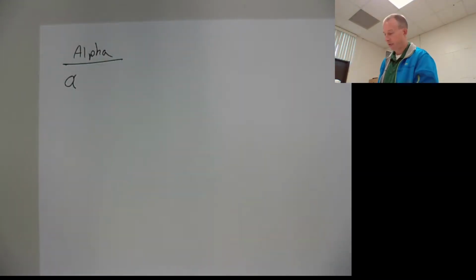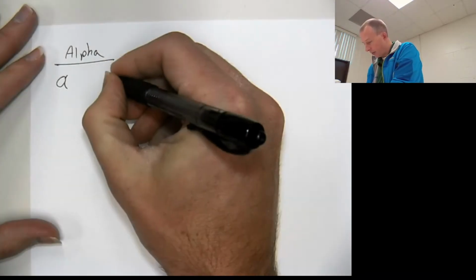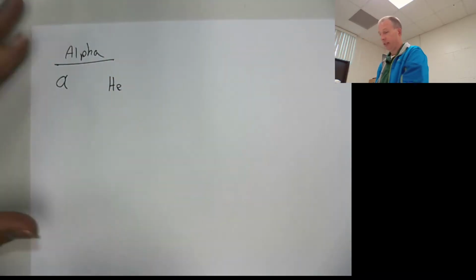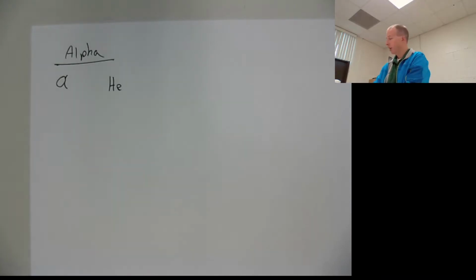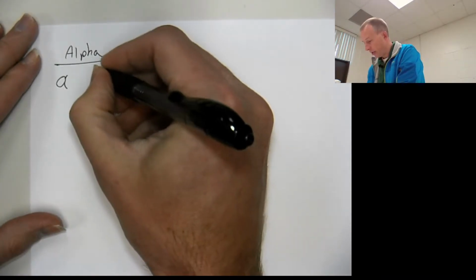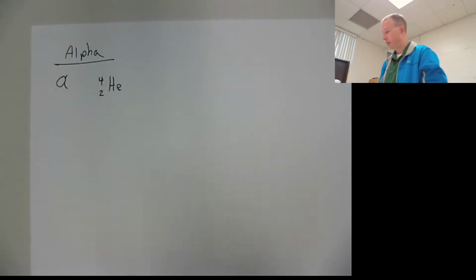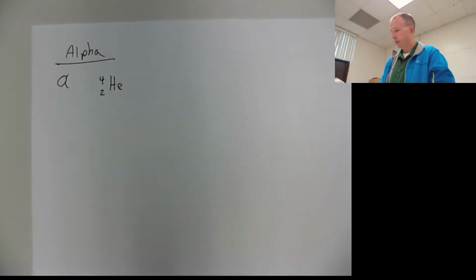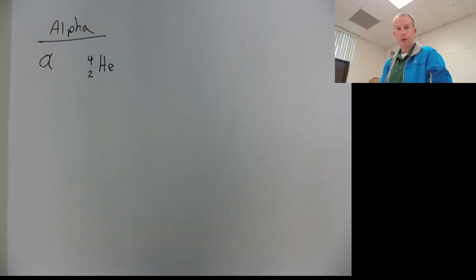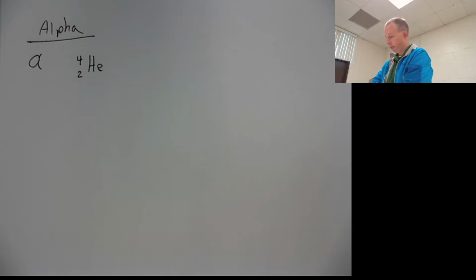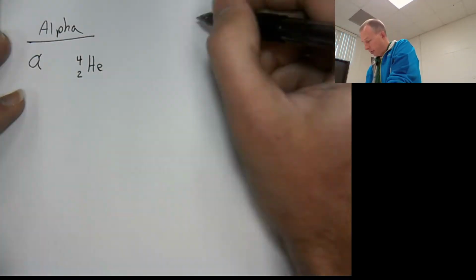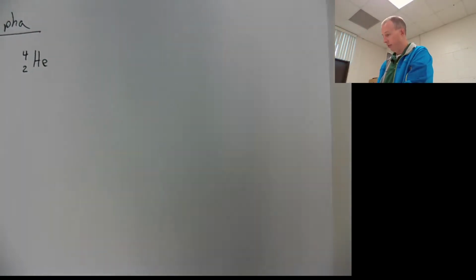What it really means, though, for you, what you care about, is that it is basically a helium nucleus, where you have two protons and two neutrons. That makes it so you have a mass number of 4 and an atomic number of 2. This is a good point to review isotope notation.